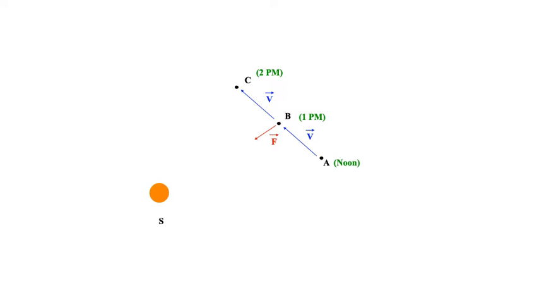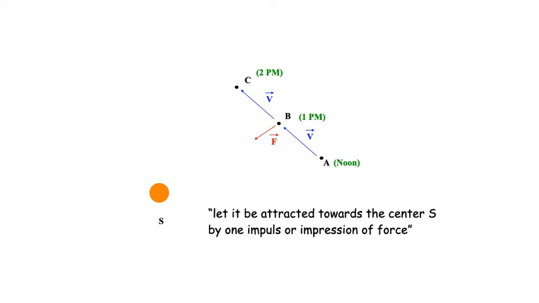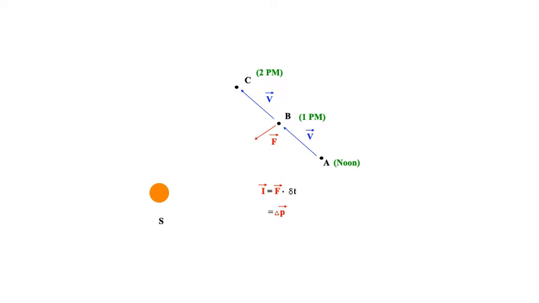Now let's go back in time to the point when Q is at position B, and let's turn gravity on for a brief instant. Or, as Newton put it, let it be attracted towards the center S by one impulse or impression of force. An impulse is a vector, and it is defined as F times delta t.